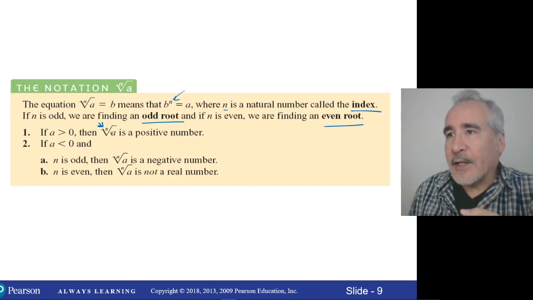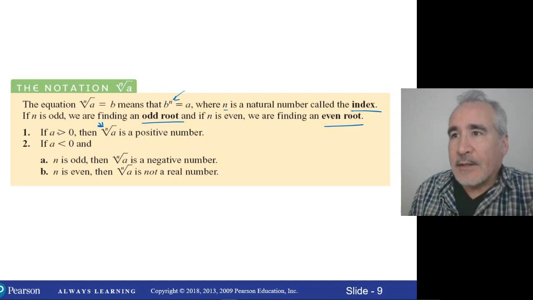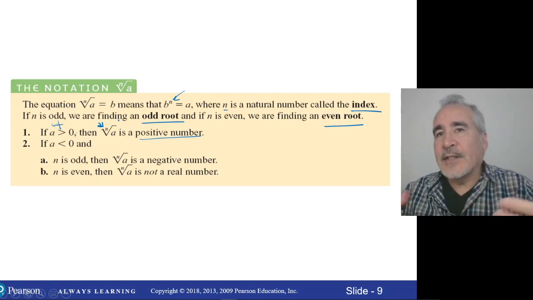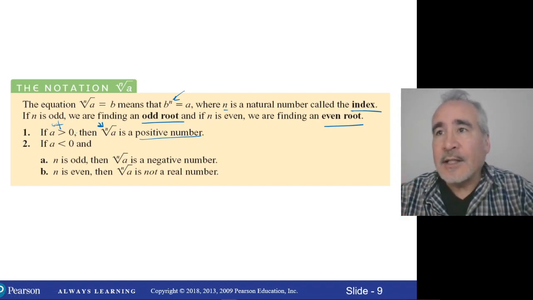So first of all, if the radicand, the thing inside the radical, is positive, that's what this greater than 0 means, then this radical is going to yield a positive number, whether it's odd or even.